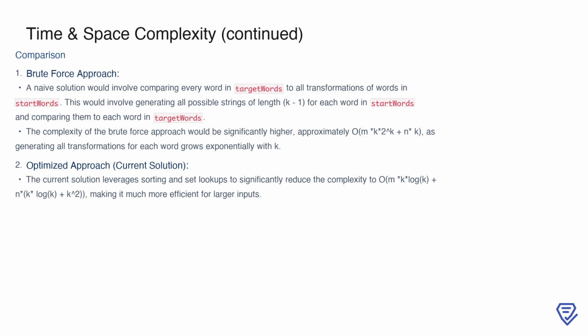By contrast, the current solution uses sorting and set lookups to achieve a much more efficient time complexity of O(m*k*log k plus n*k*log k plus k squared). This makes the optimized approach significantly faster, particularly for larger input sizes, as the exponential nature of the brute force method would quickly become infeasible.